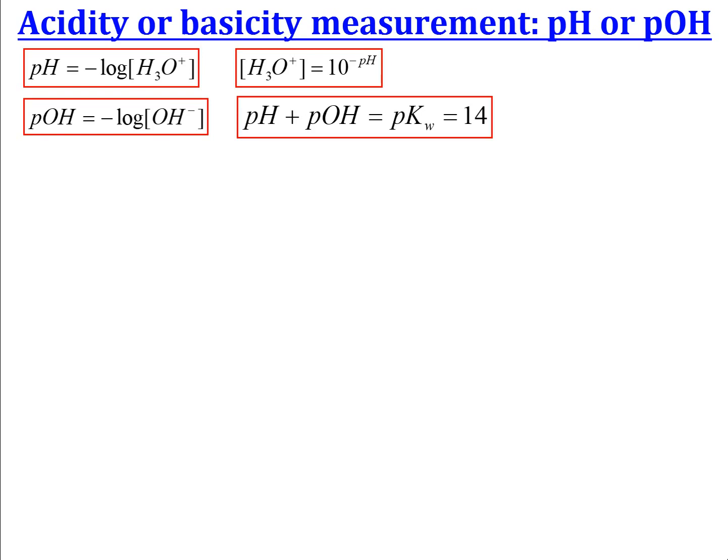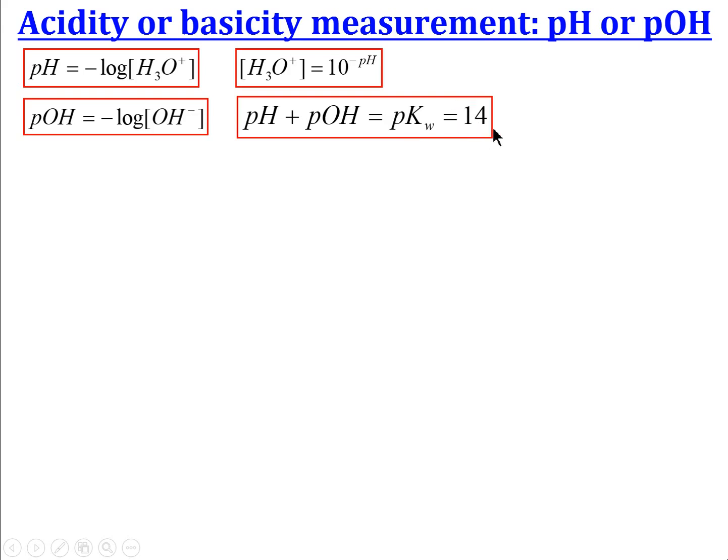Any solution has a value of pH and a value of pOH. So pH of a solution plus pOH of the same solution equals minus log [H3O+] minus log [OH-], so equals minus log of [H3O+] times [OH-], so equals minus log Kw, equals pKw.